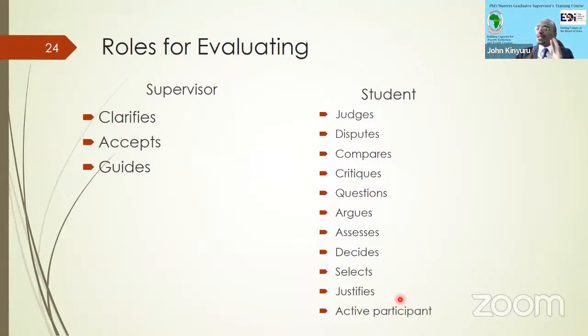You start seeing disputes now, conflicts start coming up, critiques, right? This is where you find examiners having a different viewpoint, but the student is able to argue what they came up with or what they discovered and still be accepted.